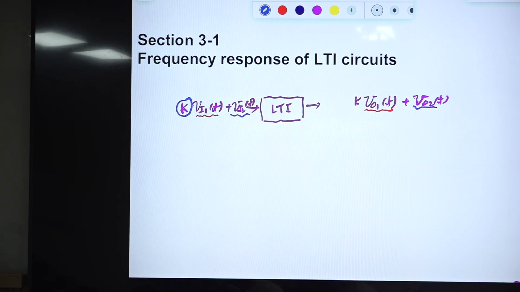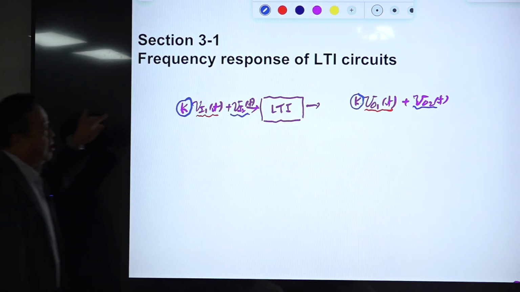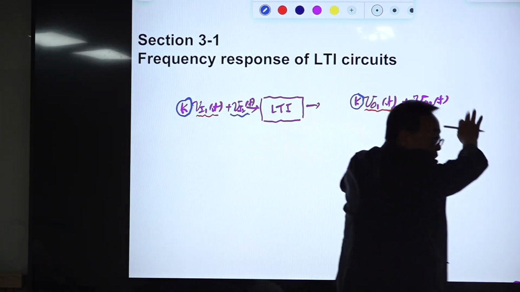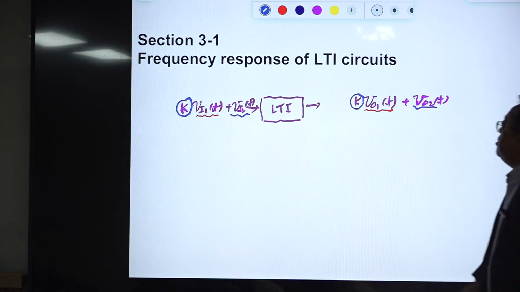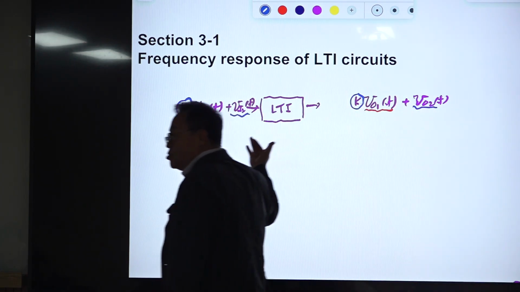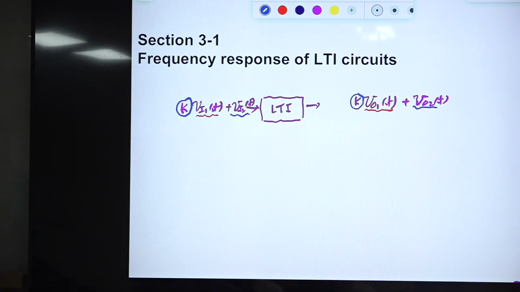Response is simply this one times k. Okay, so this is the proportionality, and these two things is called what? Superposition. So any system which is called the linear time invariant system must satisfy these characteristics. Okay, this is the definition of linear time invariant system.